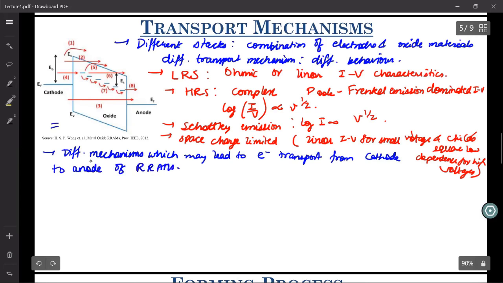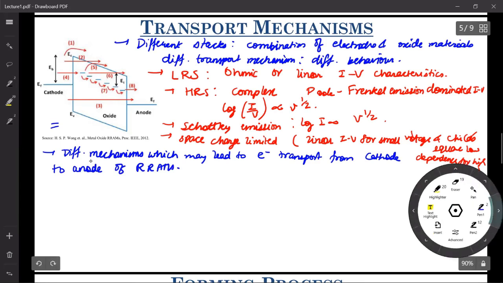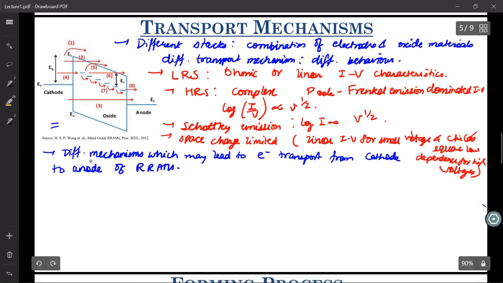Let us look at this figure over here, which summarizes all these mechanisms. This simply shows the possible mechanisms by which an electron can go from a cathode to anode. Let us take these one by one. Let us take the first mechanism. What is that mechanism? It's Schottky emission.